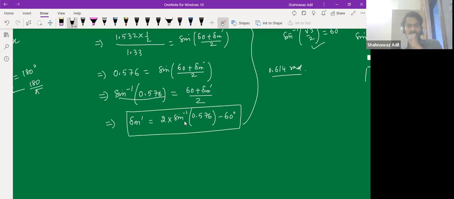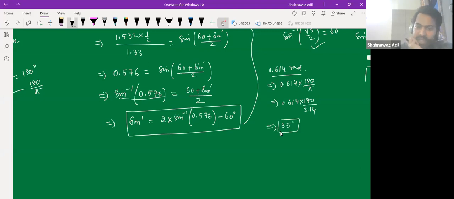This answer is complete, but if you simplify, how much would that be? This 0.614 radian is 180 by pi, so this is 0.614 into 180 by 3.14. How much is that? 180 into 0.614 divided by 3.14, so 35, right?